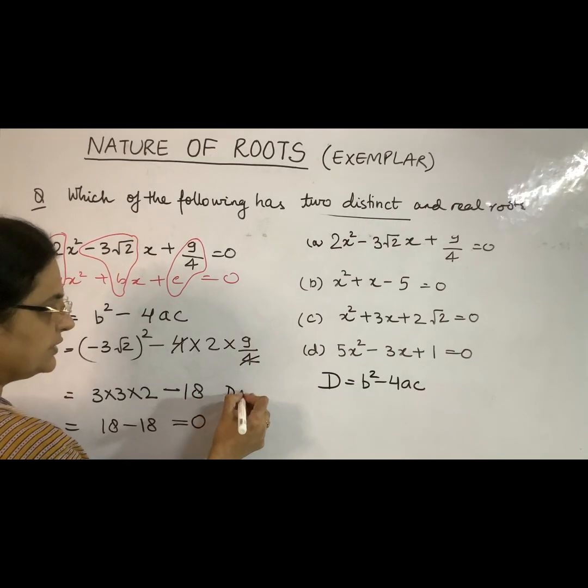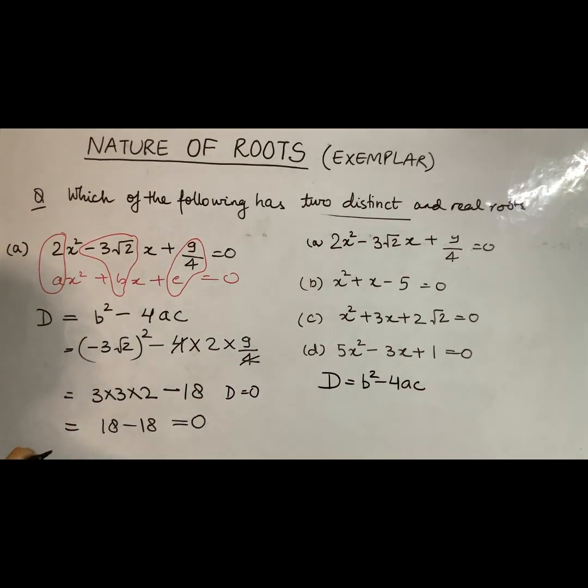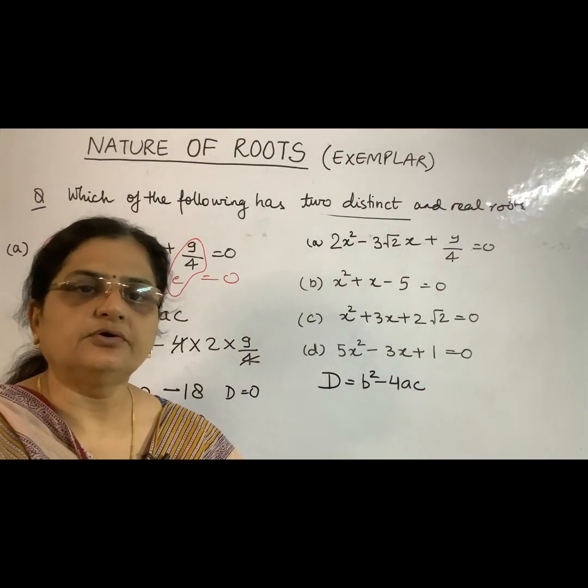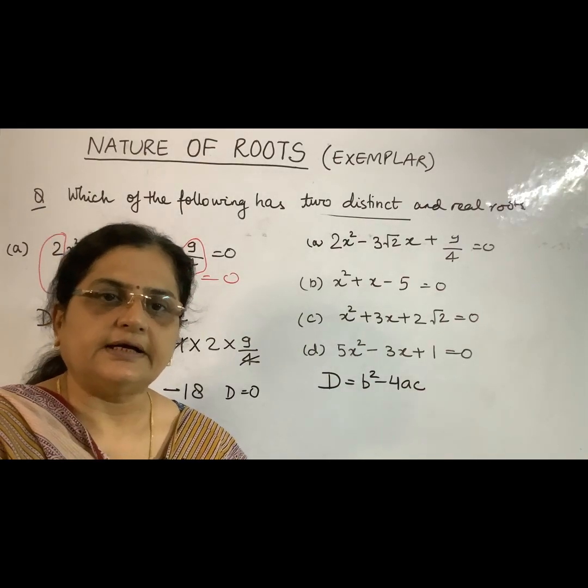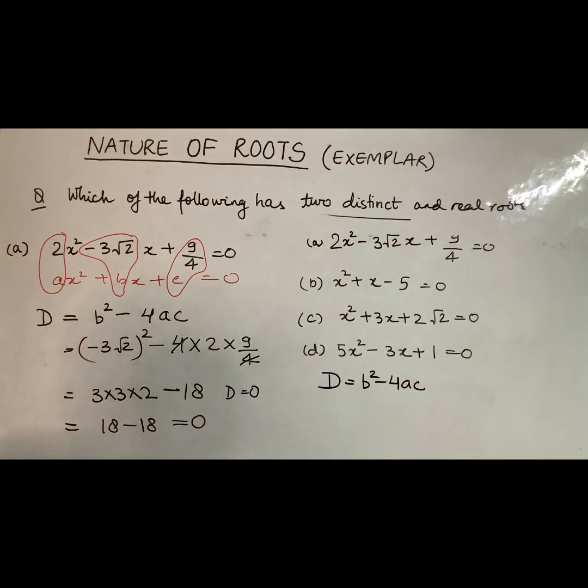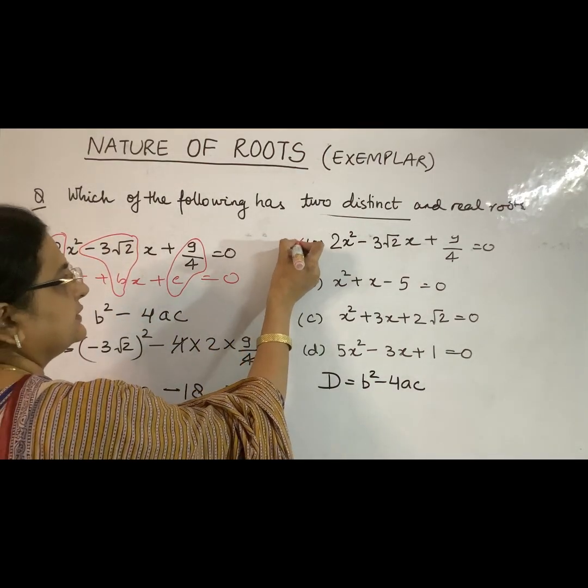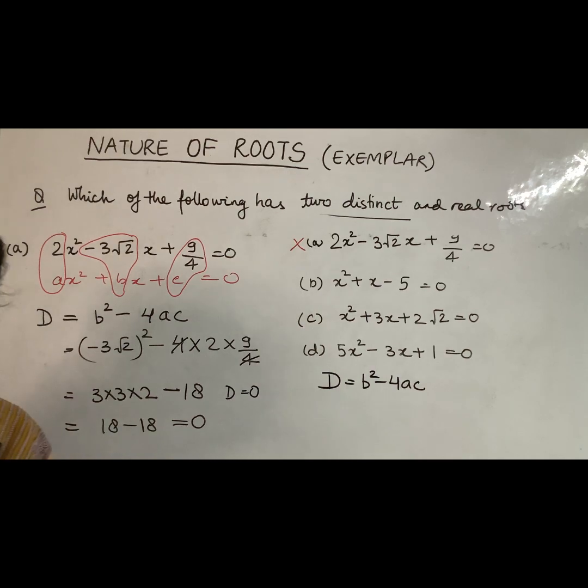So D is equal to 0. That means this will not have distinct and real roots. For distinct and real roots, D has to be greater than 0. So this is not possible.